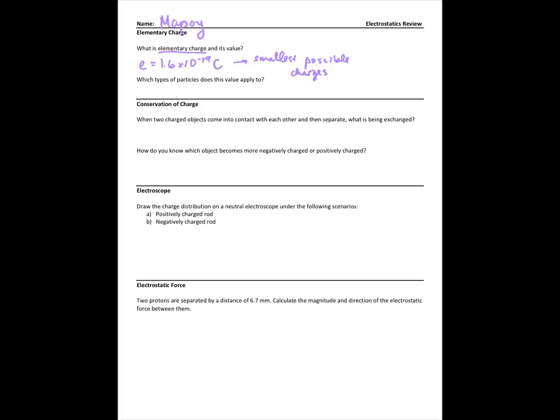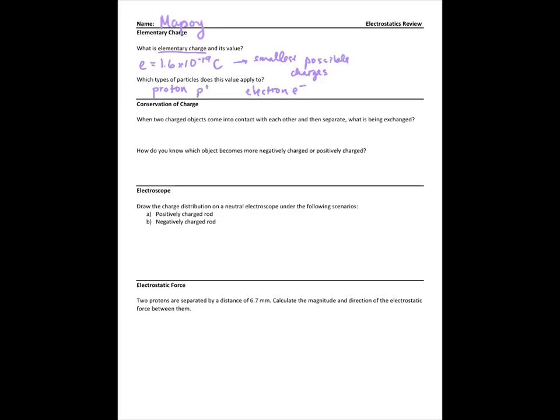And which types of particles does this value apply to? And that is a proton, which is the P plus, or the electron, that's E minus. Okay, so both of these, protons and electrons, carry this value of 1.6 times 10 to the negative 19 coulombs, and you can only go up in charge by multiples of these particles.